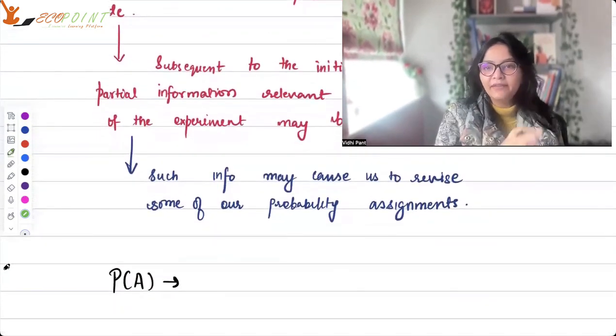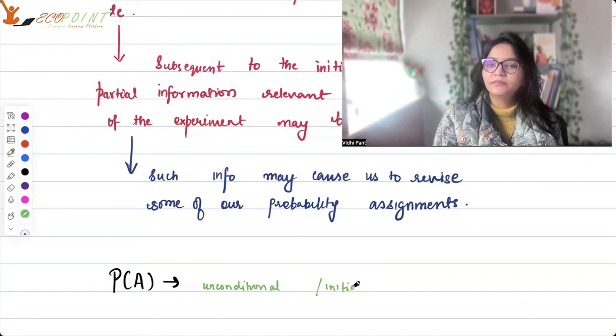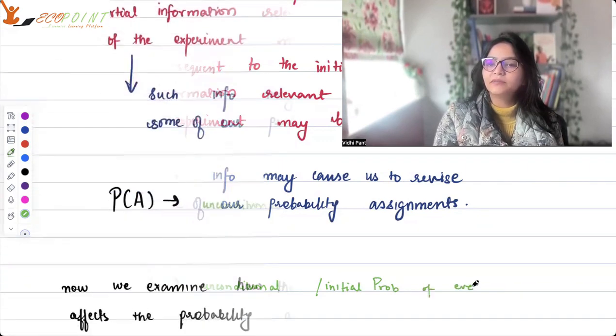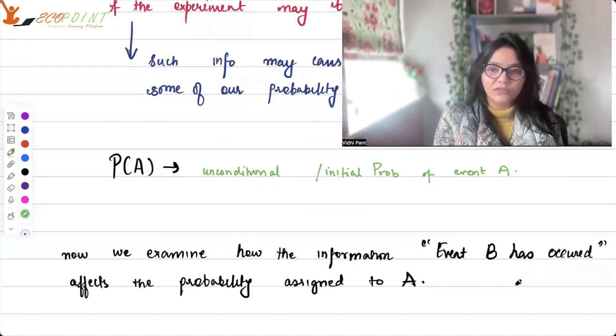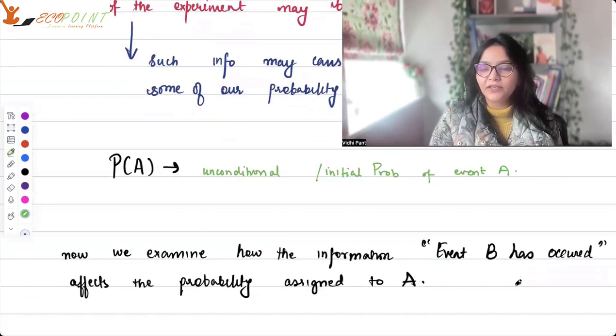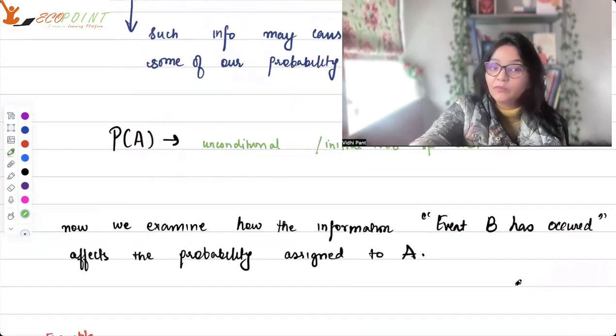Now, P(A) in general, this is an unconditional or the initial probability of event A. Now, what are we doing? We would want to examine how the information that event B has occurred affects the probability that we have assigned to A. Does the probability now increase or decrease? We might want to know.